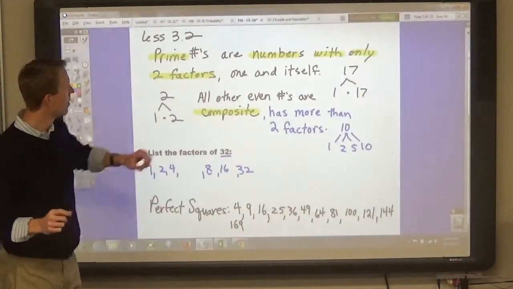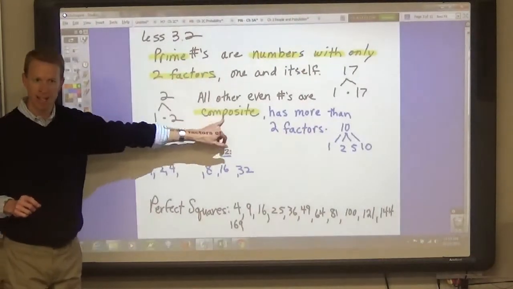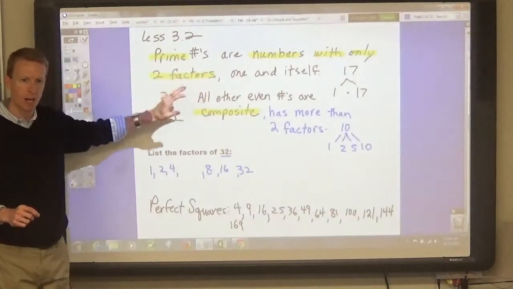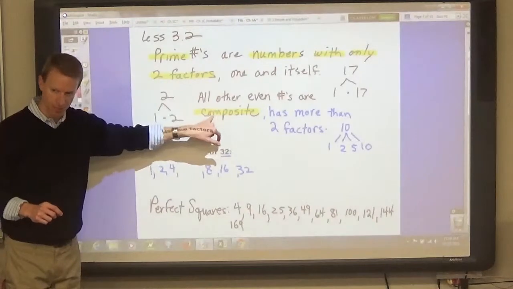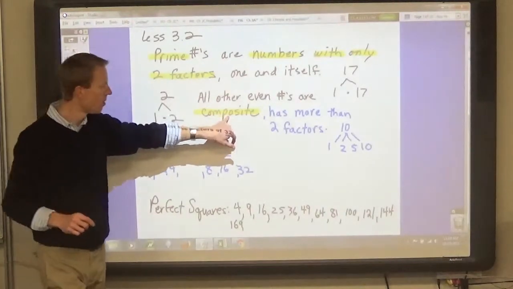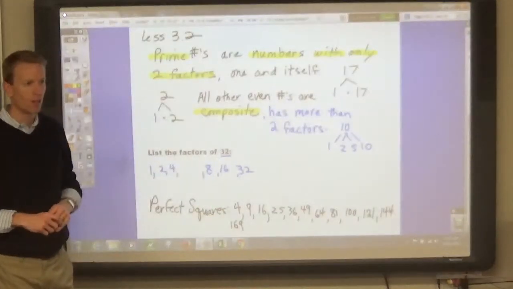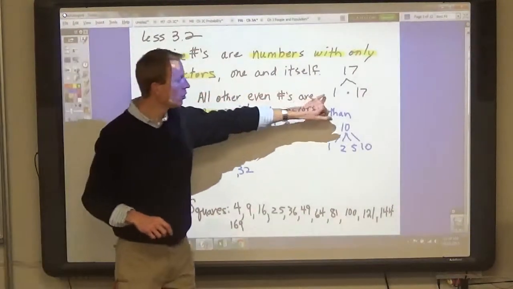In math, the prime numbers make composite numbers. Prime numbers are like the elements. Composite numbers are like the compounds, like the prefix C-O-M-P. So prime numbers are the numbers that only have two factors.